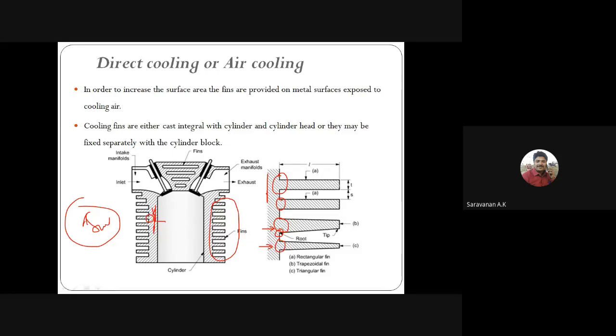Here the efficiency will be less on the rectangular fin. Compared to the other two, it's found that rectangular fins are less efficient and heavier than trapezoidal or triangular fins.